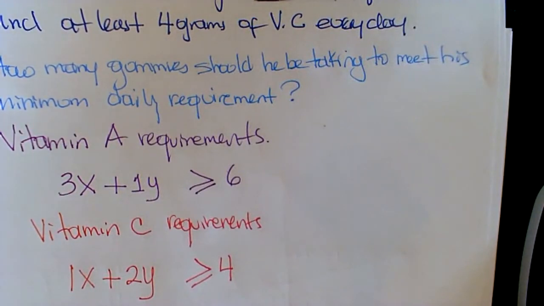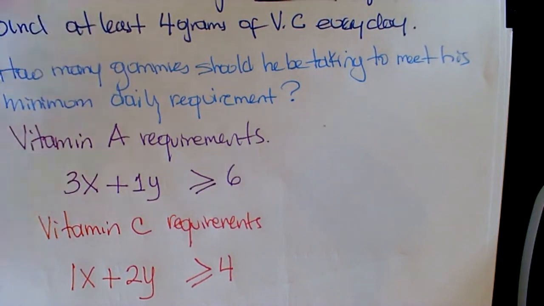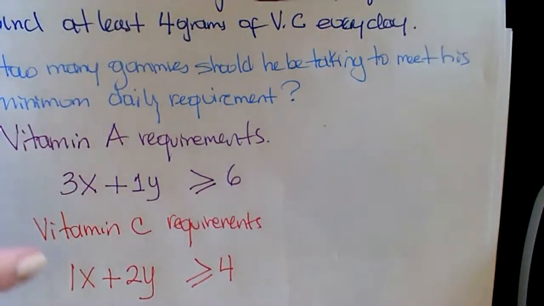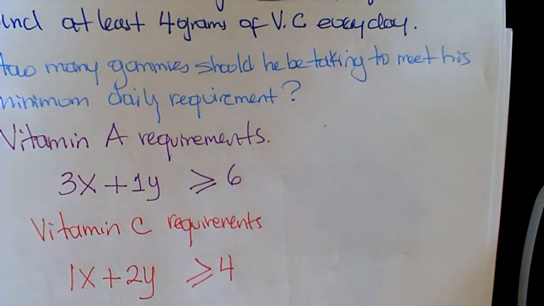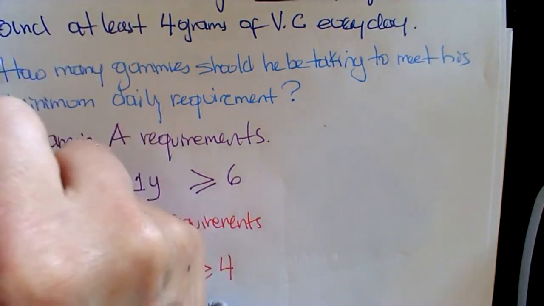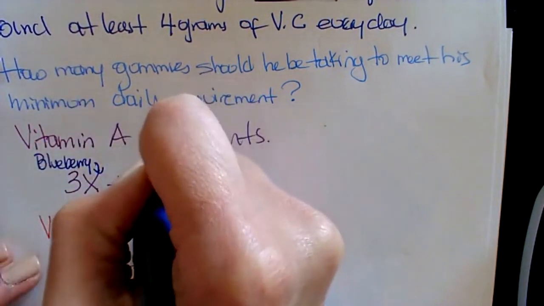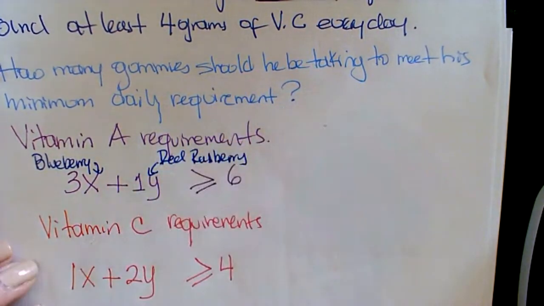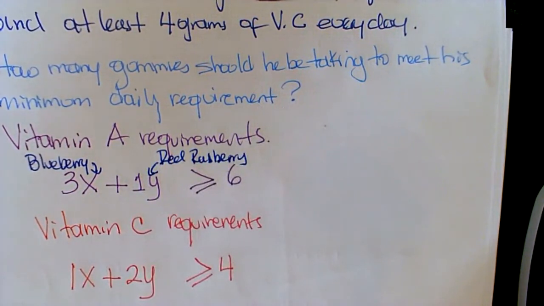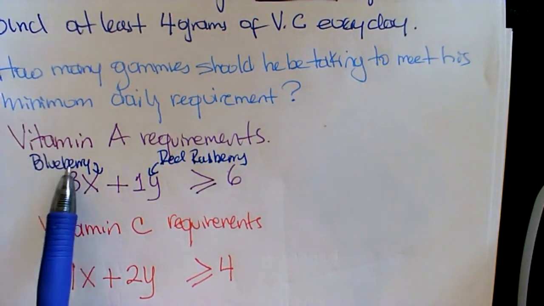The X value is the blueberry flavored, and the Y value is the red raspberry. So the X is from the blueberries.